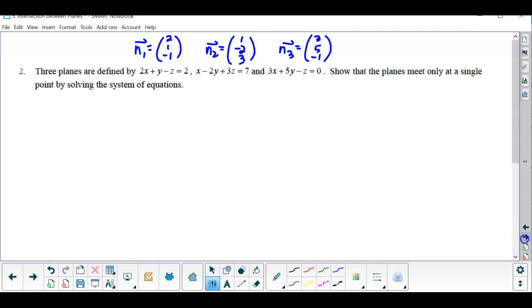So you can set up a system here of a matrix. Again, it doesn't say algebraically, so you can use your calculator.